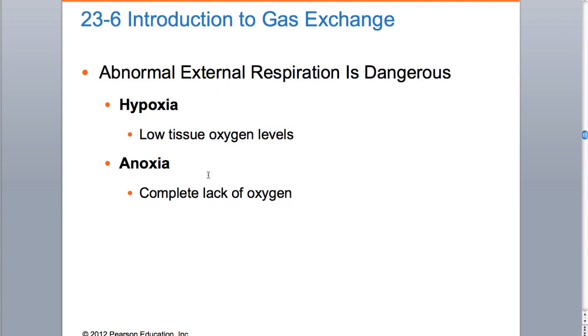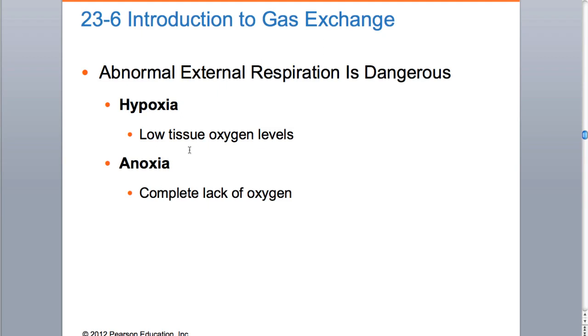Now, that's anemia. How is it related to this slide? Well, you could be anemic, but not be hypoxic. So you can have plenty of red blood cells, plenty of oxygen on your red blood cells, but you're not getting the oxygen to the tissues.